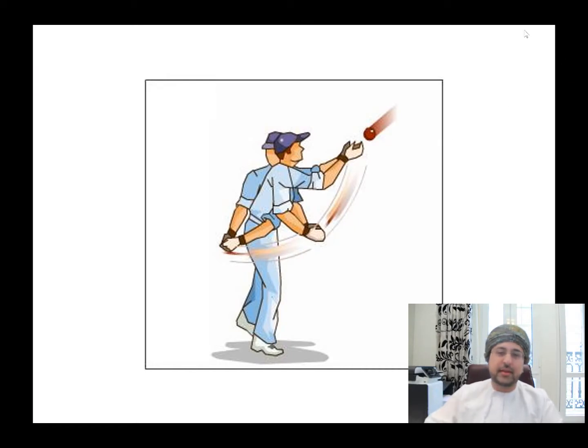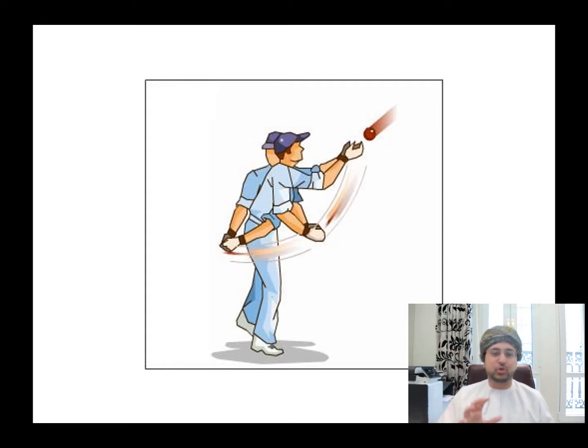Okay, this is something that we used to play a lot when we were children. Someone throws us a ball and we catch it. Now there are two ways to catch it, and if you are a fan of basketball or baseball or cricket, you will notice something: when professional players who do this day in and day out try to catch a ball, they never just go, "I caught it."